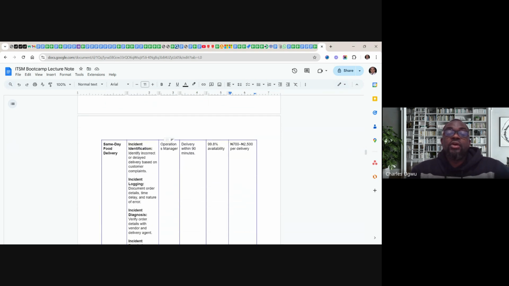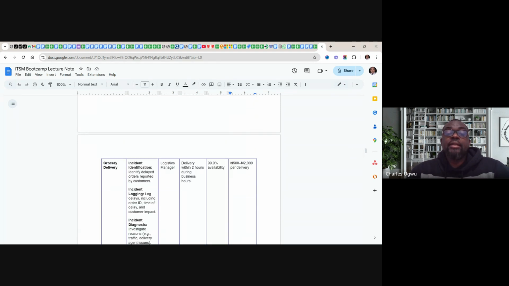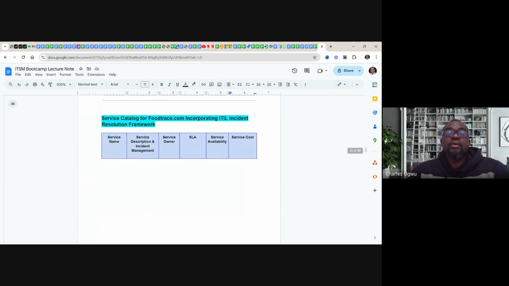Going further, we're going to start breaking everything down, expanding the ownership to include both the operations owner and the ITSM owner.